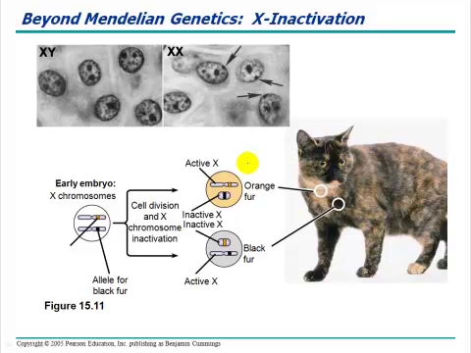So going back to our discussion of sex determination, we already talked about that having two X chromosomes leads to the determination of sex as female, right? And having one X chromosome leads to determination of sex as male by virtue of the fact that the Y chromosome has an SRY gene that causes that developmental pathway to occur.